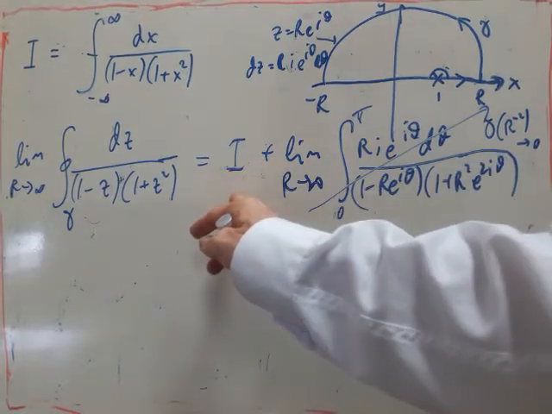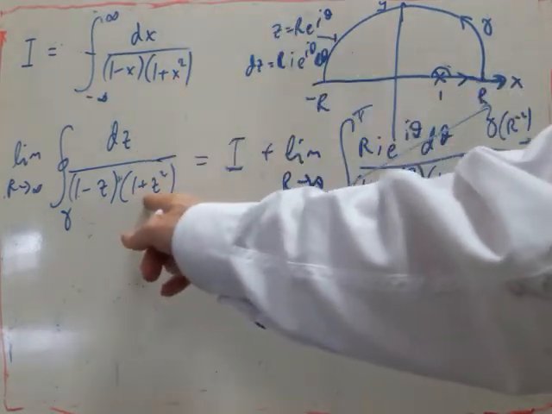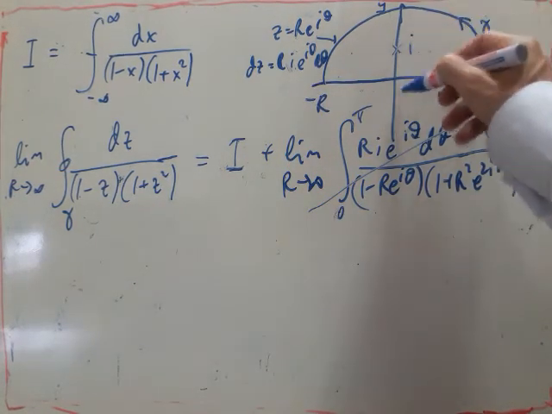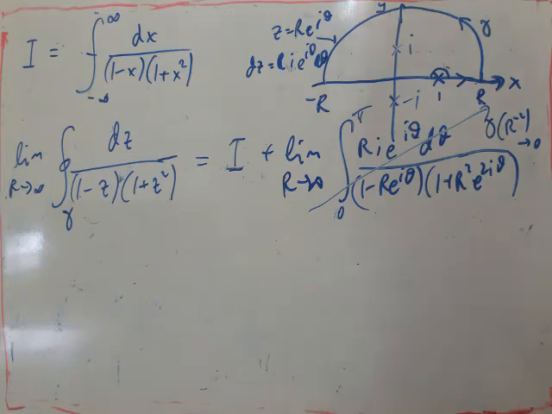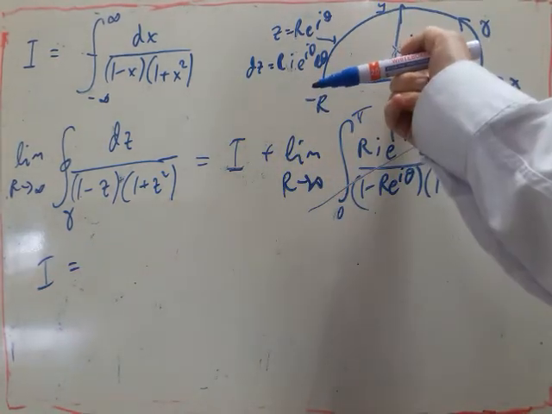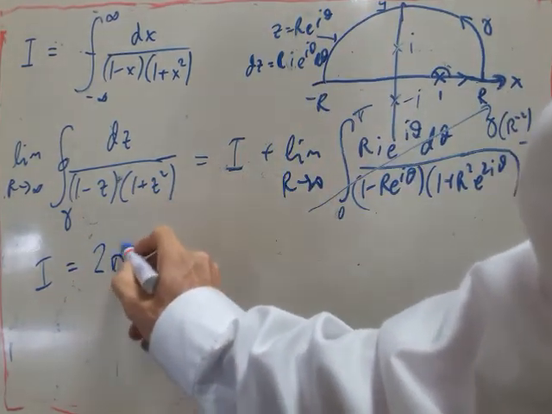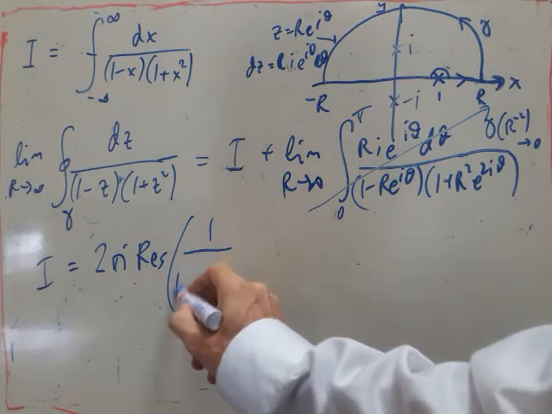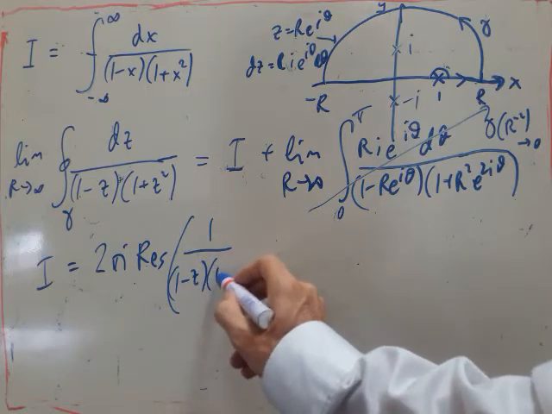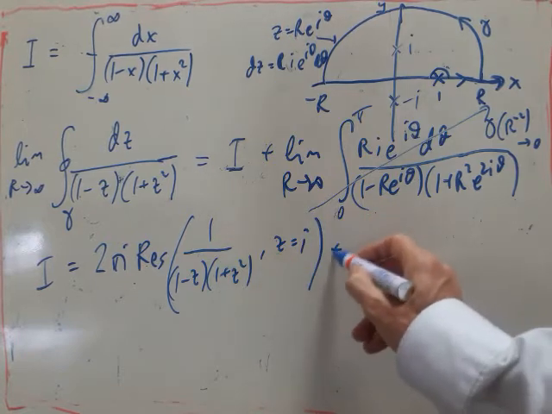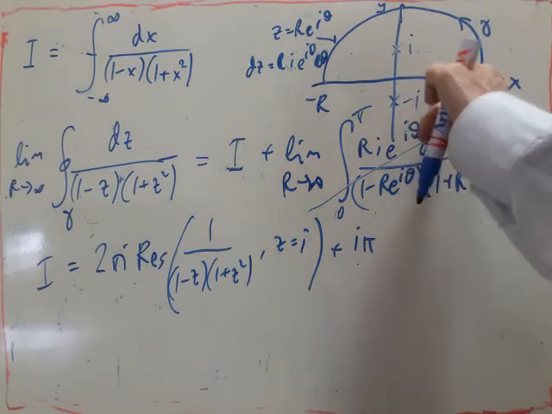So the integral we want, oh sorry, I forgot. This also has simple poles at z equals plus or minus i, so we need to draw these in as well. So the integral we want, I, will be equal to 2 pi times the enclosed sum of residues, so it's 2 pi i times the residue at z equals i, plus i pi times the residue at this point.